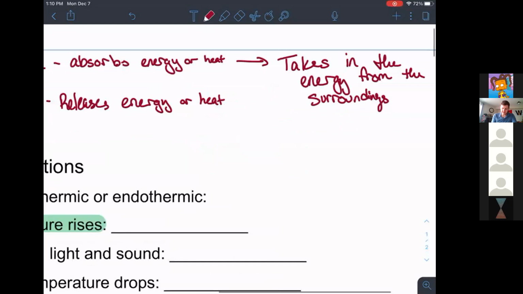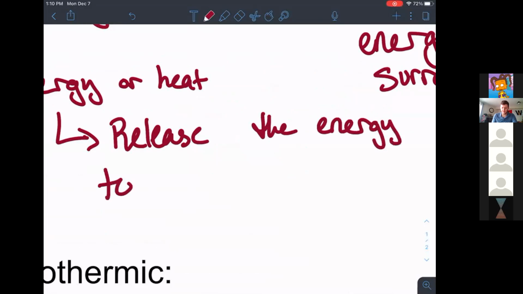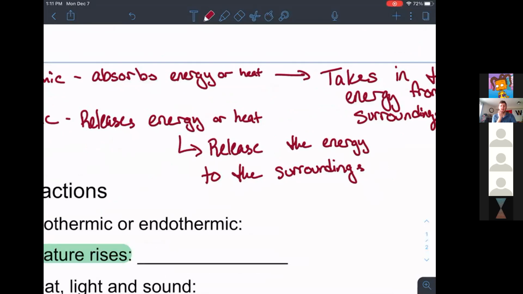Now the opposite's going to happen with exothermic. It's going to release the energy to the surroundings. And if it releases it to the surroundings, that means it's going to make everything outside of the system, outside of that object or reaction, feel hotter or warmer.